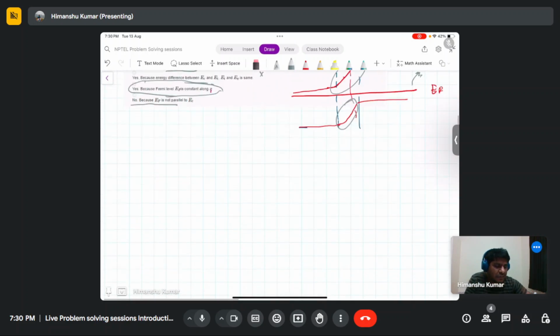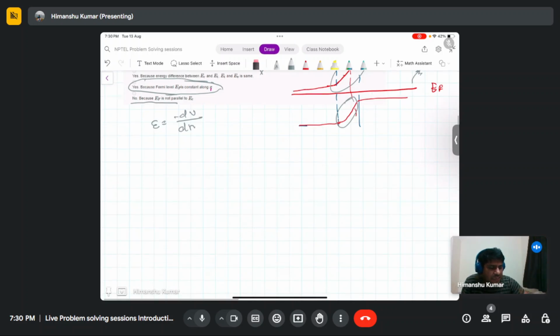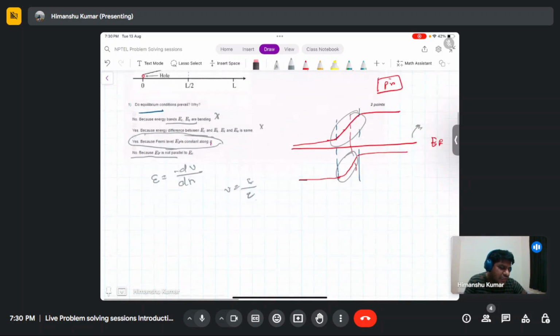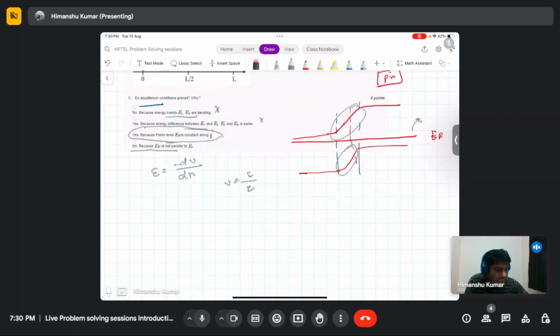So basically, the electric field is the negative derivative of potential, and you can write the potential by energies. So V is simply E by Q. This is a very simple explanation, and with respect to the conduction band and valence band, you can calculate potential with respect to this band offset.